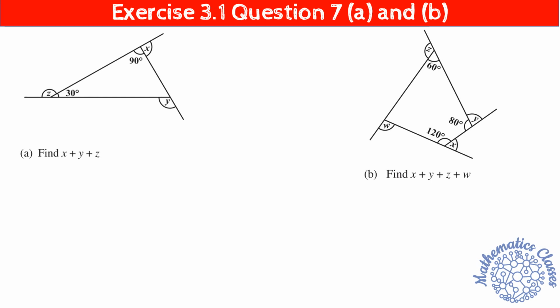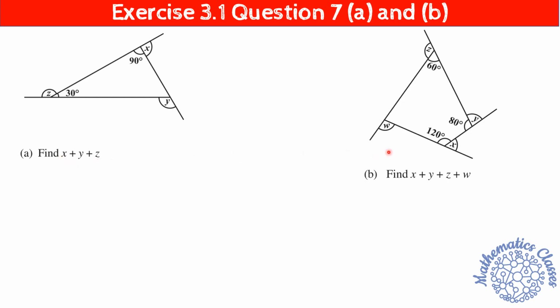In the last lecture, we solved all the questions of exercise 3.1. If you see question number 7, part A and part B of exercise 3.1, we have a triangle where we had to find the sum of angles x, y and z.